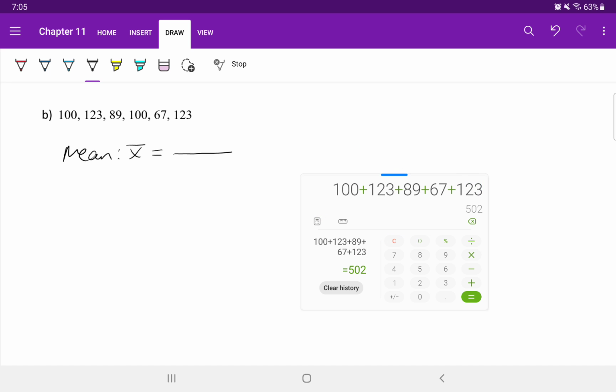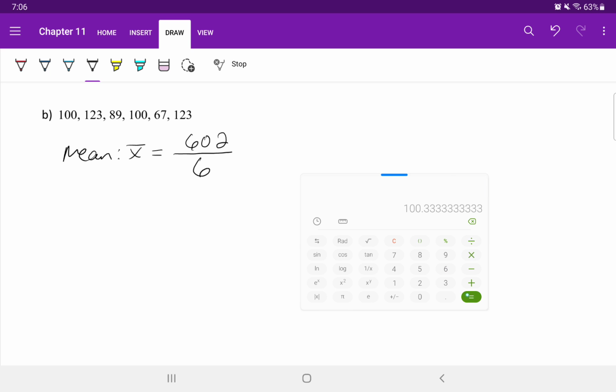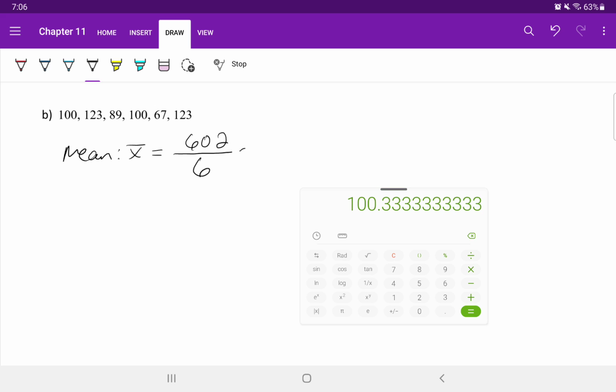Actually, I missed one of the other hundreds that I should have added, plus 100. That is 602. 602 divided by 6 data values is approximately 100.3. That is my mean.